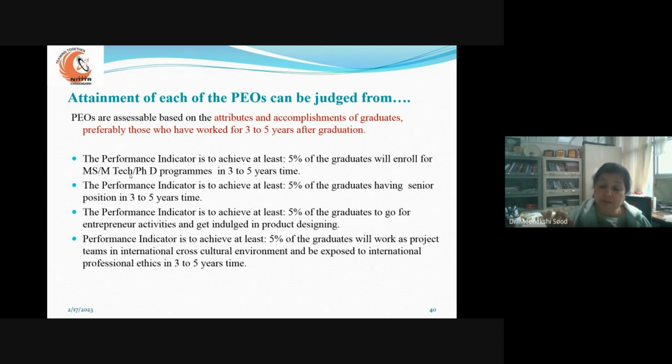And when the result comes, you can take the printout of that result or keep a copy, so that you will have the data of how many students qualified the GATE exam.